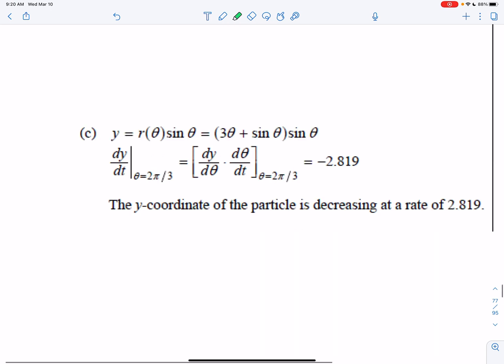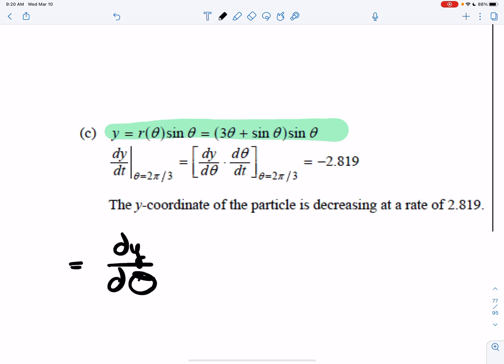So from here, we have our y equation, which is in terms of theta. So we could actually find dy d theta, but notice how they're asking for dy dt. So this is kind of like the chain rule here. So dy dt is the same thing as dy d theta times d theta dt.